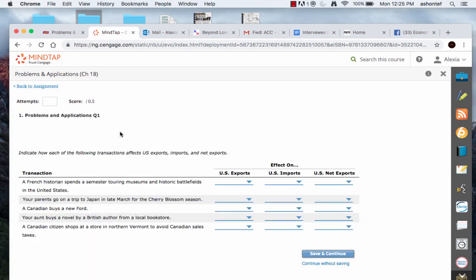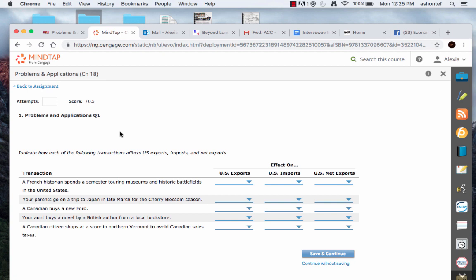Okay, so question number 1 is asking you about what is an import, what is an export, and net export. So we actually have done this previously. So quick reminder, an export is generally considered a domestic product or service that is sold overseas. An import, we usually think of as an import in, so it's a foreign good or service that comes into the US.